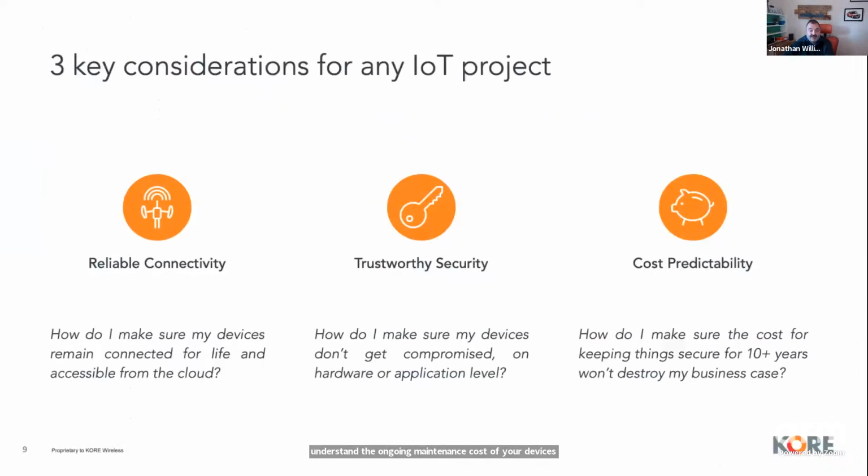Whether that's the future cost of updating the security of those devices, or the technical support and maintenance cost when the inevitable things do go wrong. I think this is a key factor that must be considered when planning a rollout of devices. It's often ignored at the design stage, but ultimately does affect the overall business case of those connected devices.